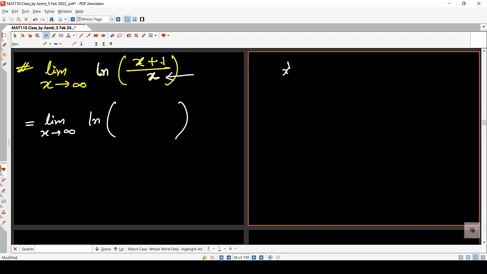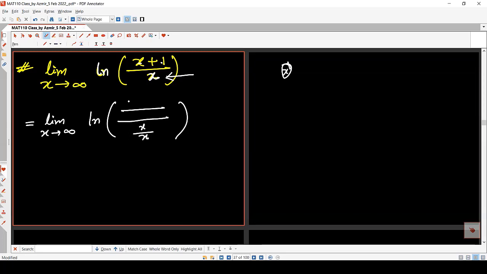So what do we have to do? We have to divide by x both in the upper part and in the lower part. So x divided by x plus 1 divided by x. The thing is, we are dividing by x. Now we can easily compute limit x tends to plus infinity natural log.